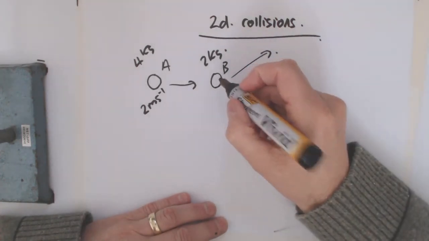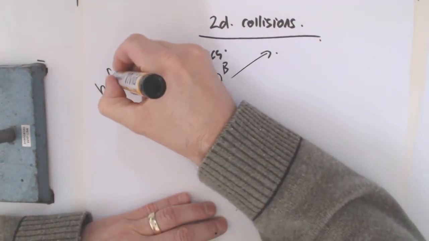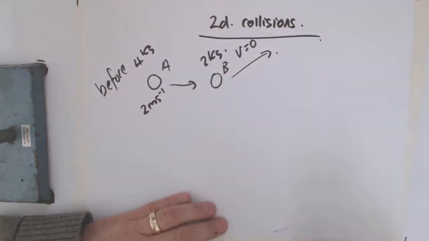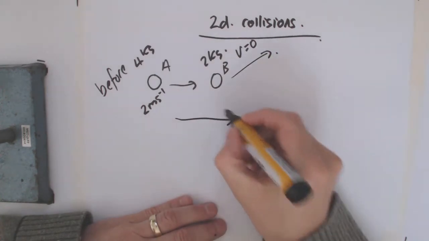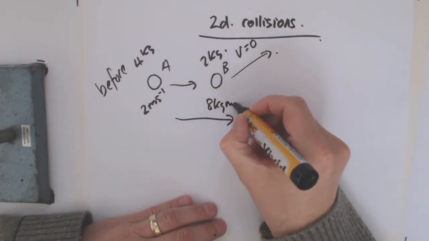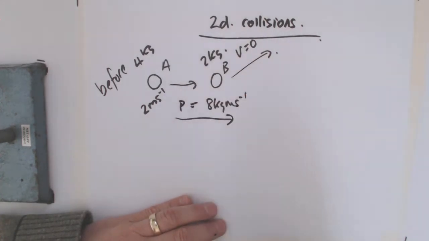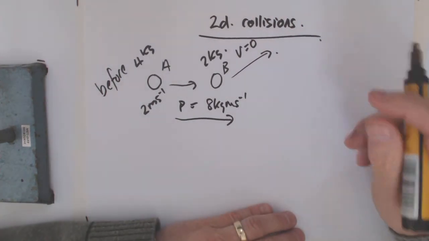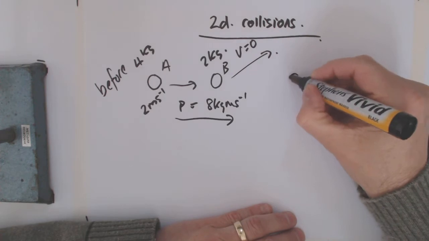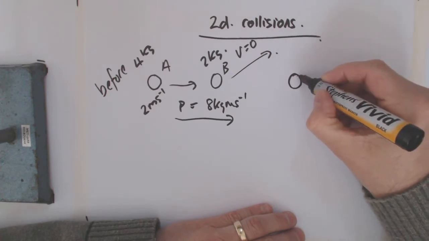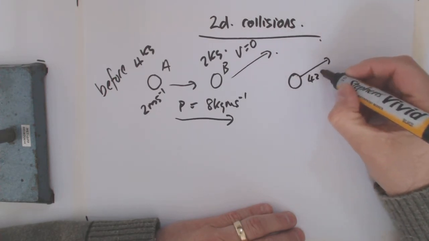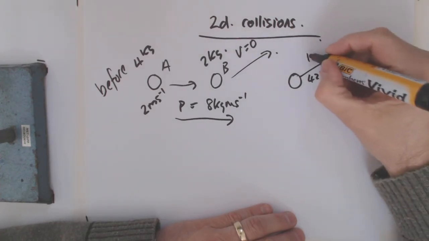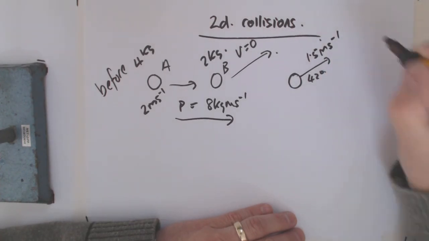If ball B, before the collision, has a velocity that's 0, then the only momentum we've got is the usual 8 kg meters per second that way. But now, afterwards, ball B heads off at, I don't know, a 42-degree angle, and it's got a velocity of, I don't know, 1.5 meters per second that way.